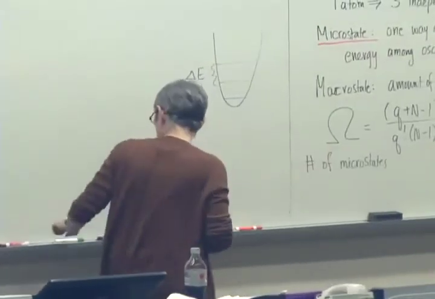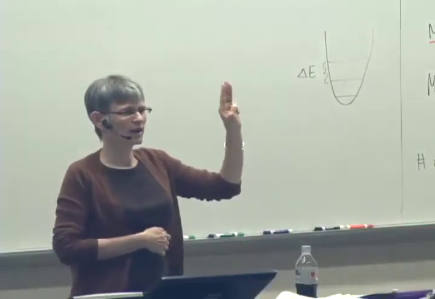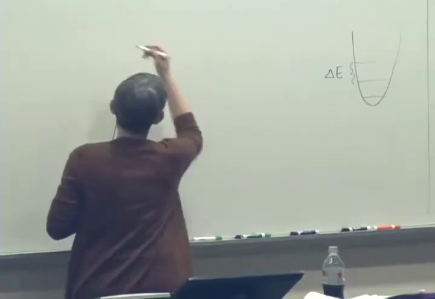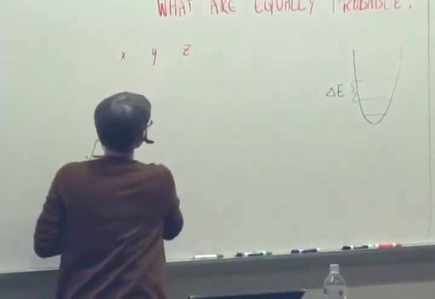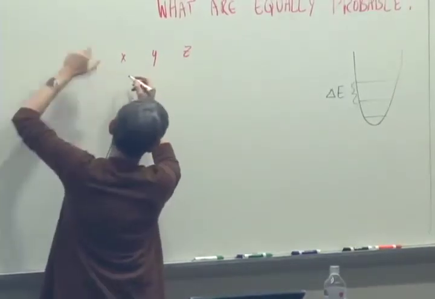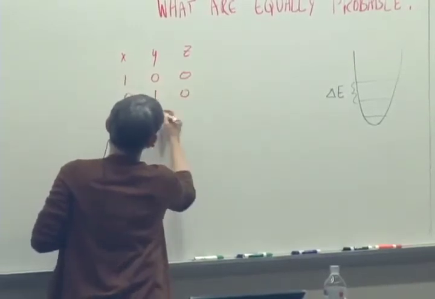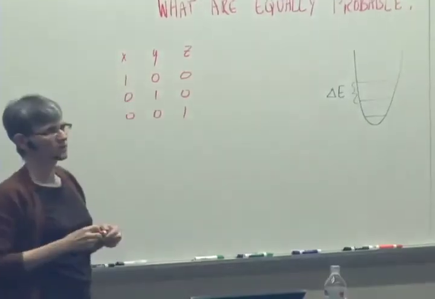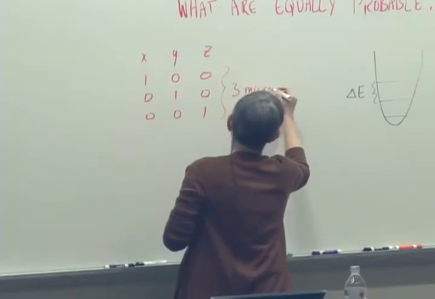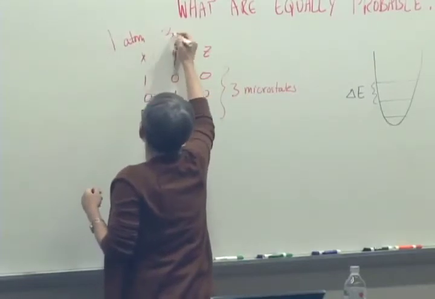We said, well, if we had three oscillators, which is one atom, and we had one quantum of energy, then there were three possible ways we could put that one quantum of energy into our little one atom, three oscillator system. We could either put it in that one, or that one. So there are three possible microstates for one atom, three oscillators.